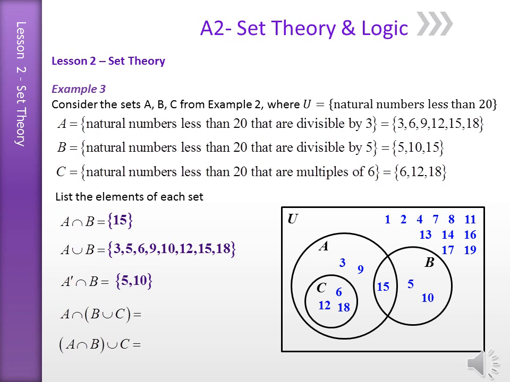Now, the last two are quite complicated, so you might want to just take a moment and really study this to see if you can see the relationship. We are going to start with the brackets. What we have here is A intersect, and then in the brackets we have B union C. The first thing we would do is look at what B union C would be, and that would be the 5, the 6, 12, 10, 15, 18.